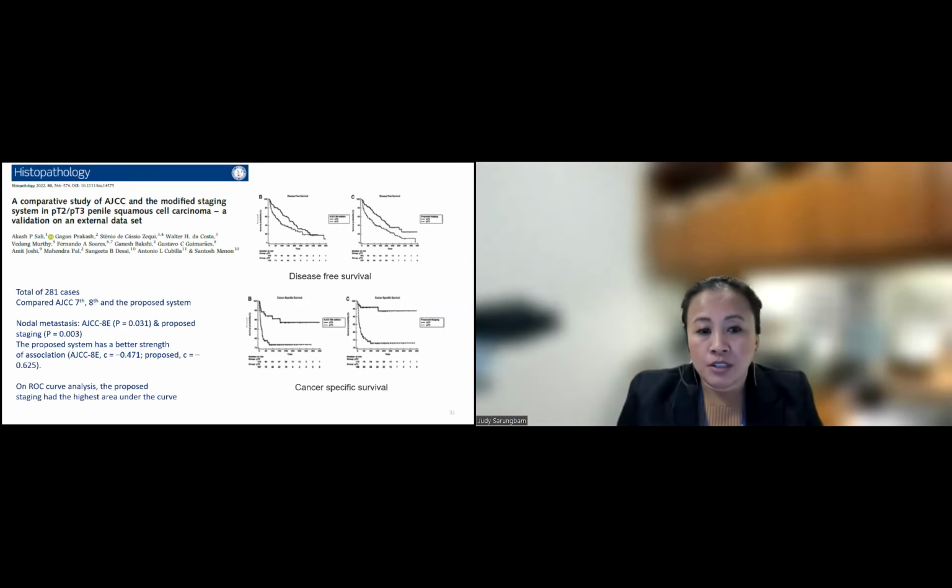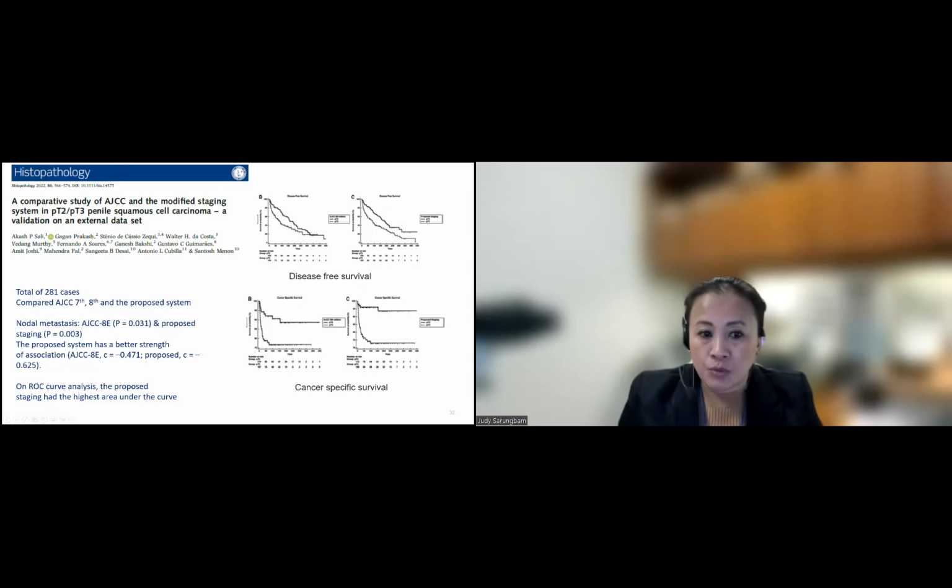Subsequently, the same authors compared their proposed staging system in an external validation cohort of 281 cases. In their study, they compared the AJCC 7th, 8th, and the proposed system. They found that the AJCC 8th edition and the proposed staging system show a significant correlation with nodal metastasis. However, there is a better strength of association with the new staging system. The disease-free survival was significant for all three systems.